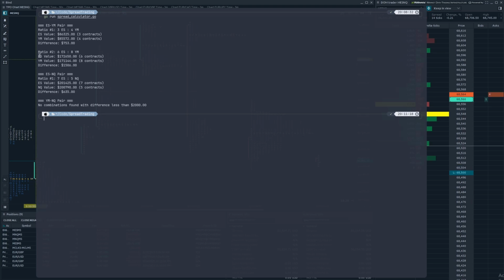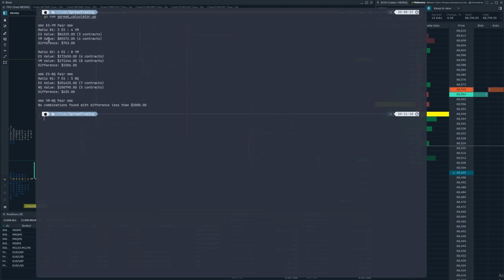So if you look here, it says the ES YM pair, and the number 1 ratio, the best ratio, says I want to do 3 ES, 4 YM. Whether you go long or short, you just need 3 ES and 4 YM.